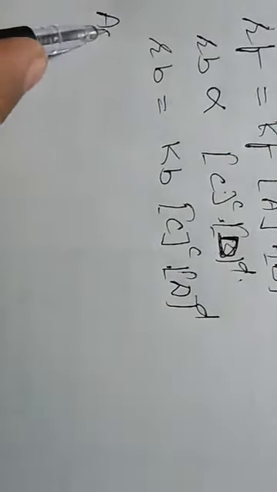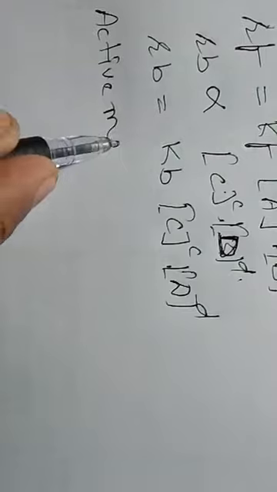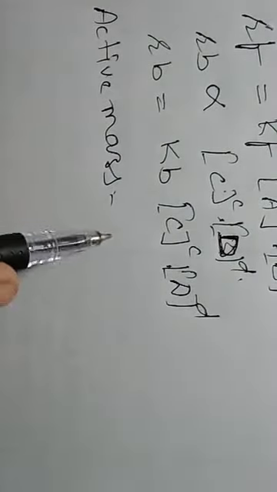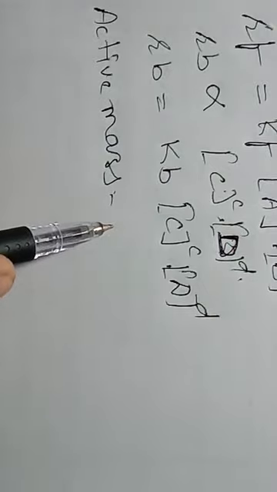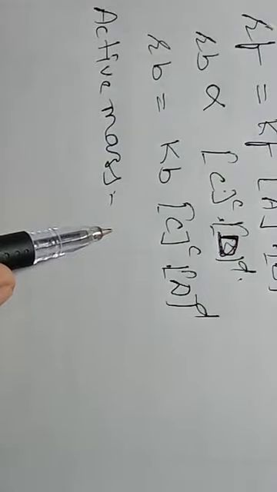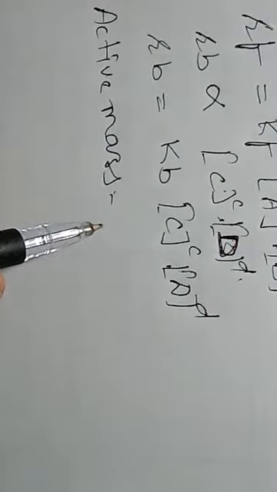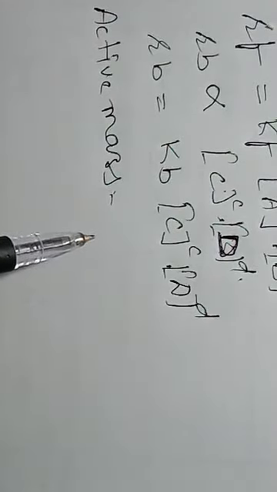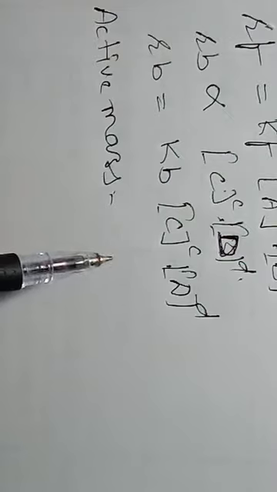Okay students, then what is the meaning of active mass here? Active mass is equal to the molar concentration. You know, molar concentration is also known as molarity. Molar concentration of a substance means the number of moles dissolved in 1 liter volume of the solution.